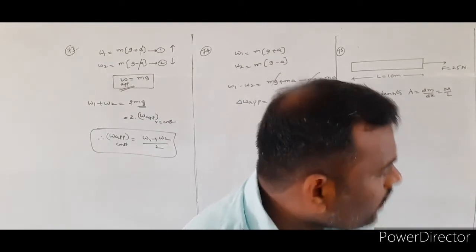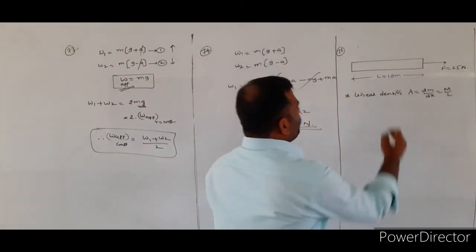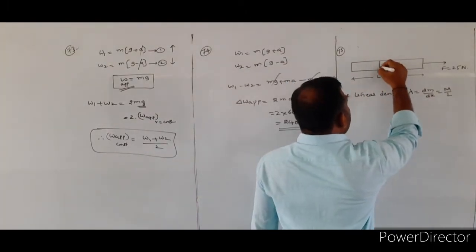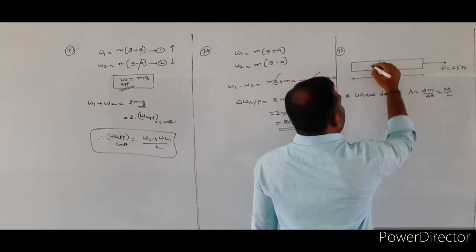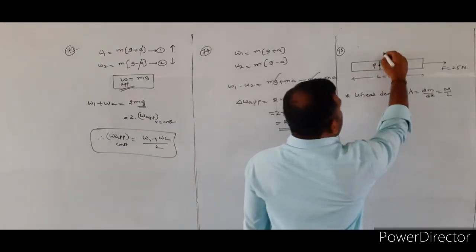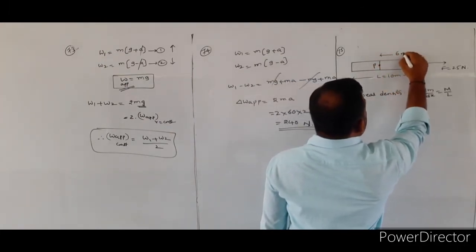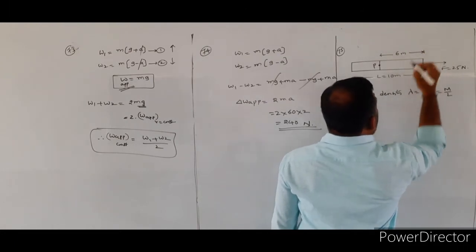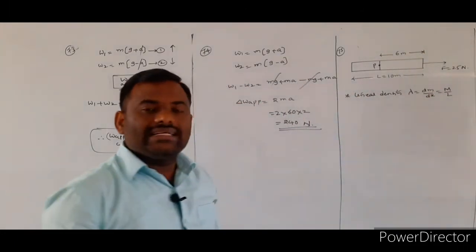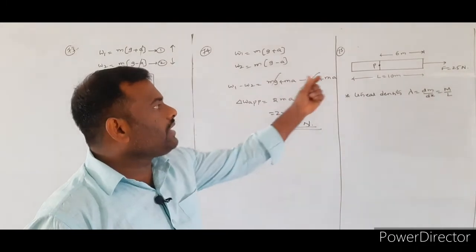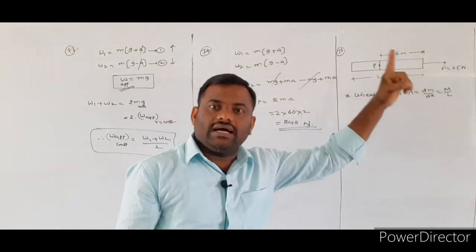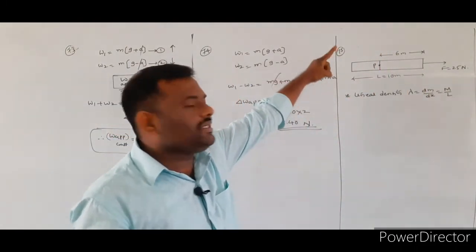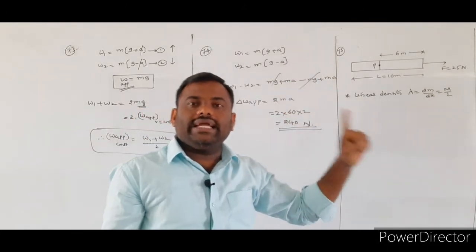Where we are going to calculate the tension, we consider a point P. This point P is 6 meters away from the point of application of the force. At point P, I want to calculate the tension.